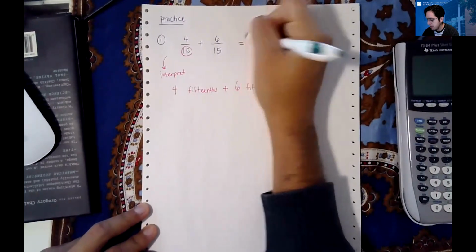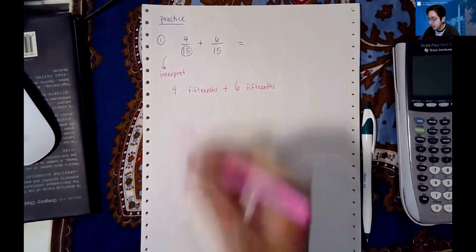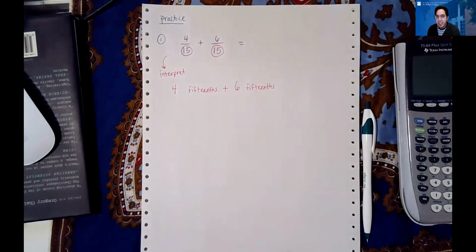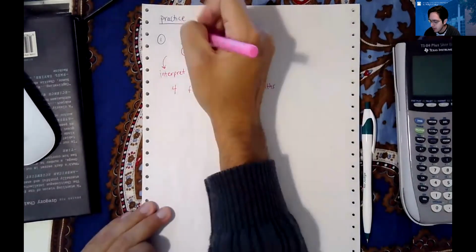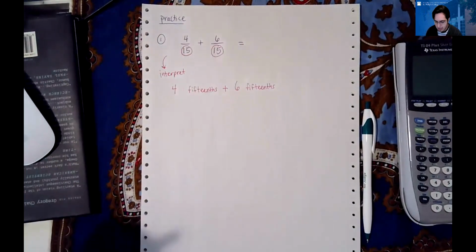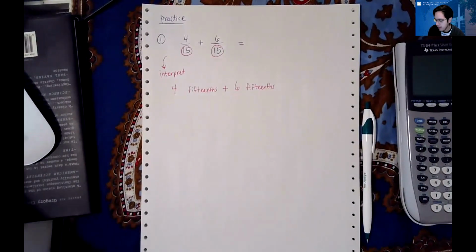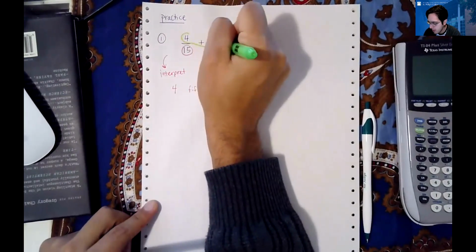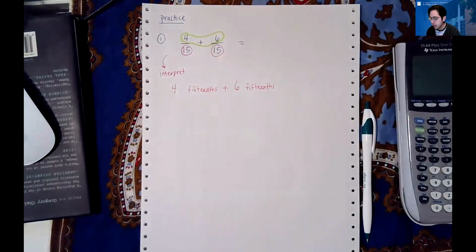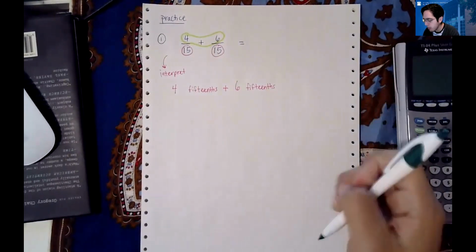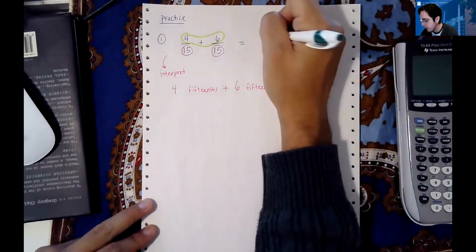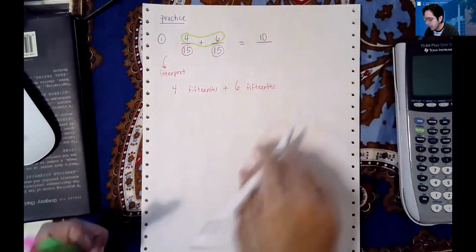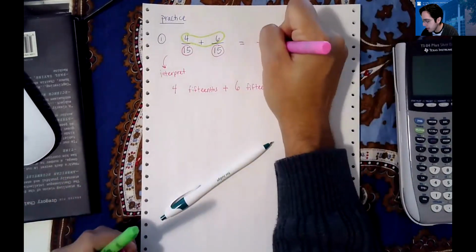Right, because we're just taking the numerators, the stuff on the top, and adding them together. 4 plus 6 is 10.